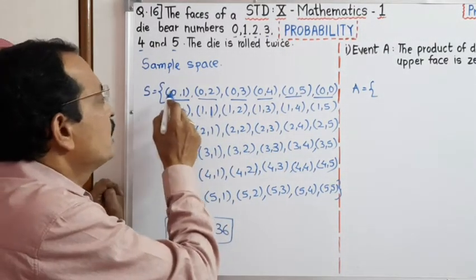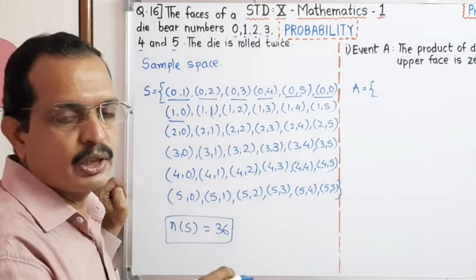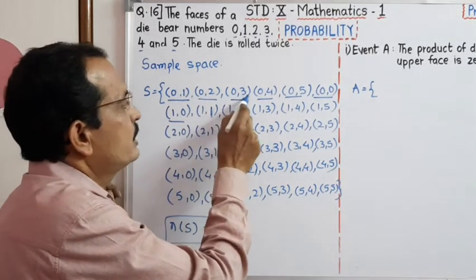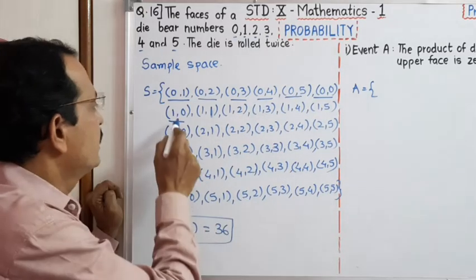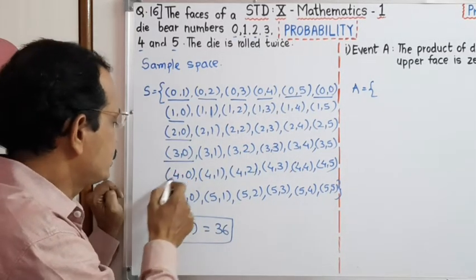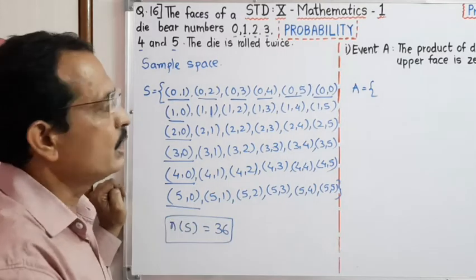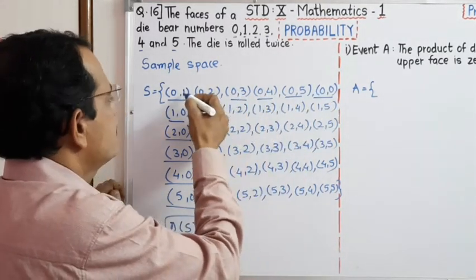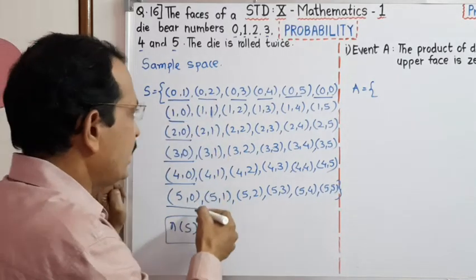See, if you multiply any number with 0, then the product will be 0. Therefore 1 and 0, 2 and 0, 3, 0, 4, 0, 5, 0. All these are getting, and here it is 1, 2, 3, 4, 5, 6, 7, 8, 9, 10 and 11.